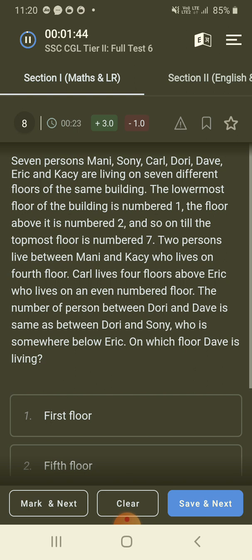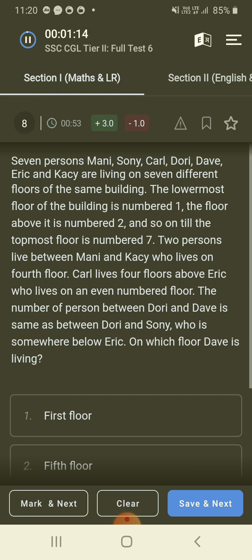KC lives 4 floors above Eric. Eric is on an even number floor. Eric is on 3 or 4, and KC cannot go above. Eric and Car are placed.